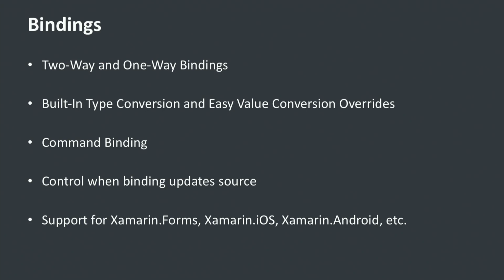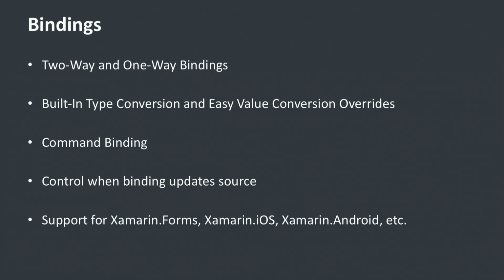So we get the typical things that we'd expect out of the box with an MVVM framework: bindings, one-way bindings, two-way bindings. We've got some cool stuff for built-in type conversion. There's command binding. We can even do things like control when the binding updates its source, so we can control how notifications get pushed back.